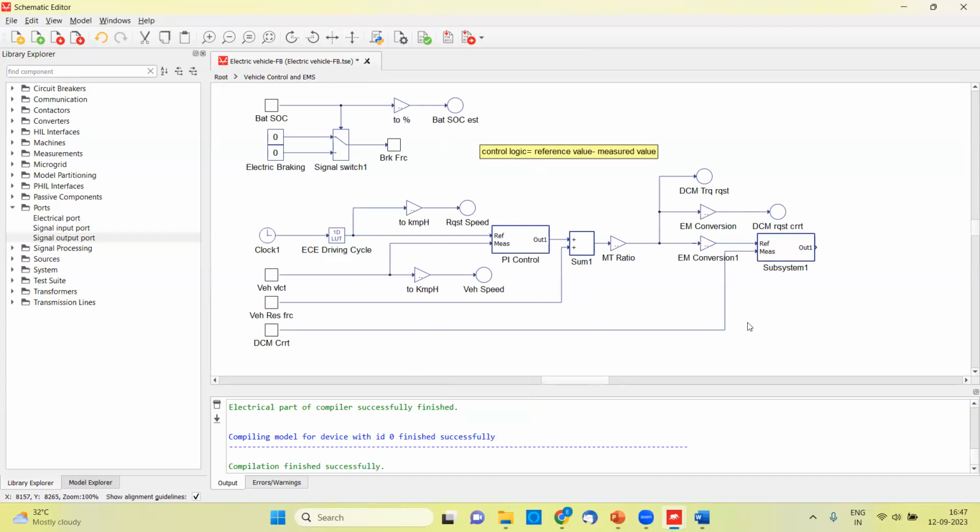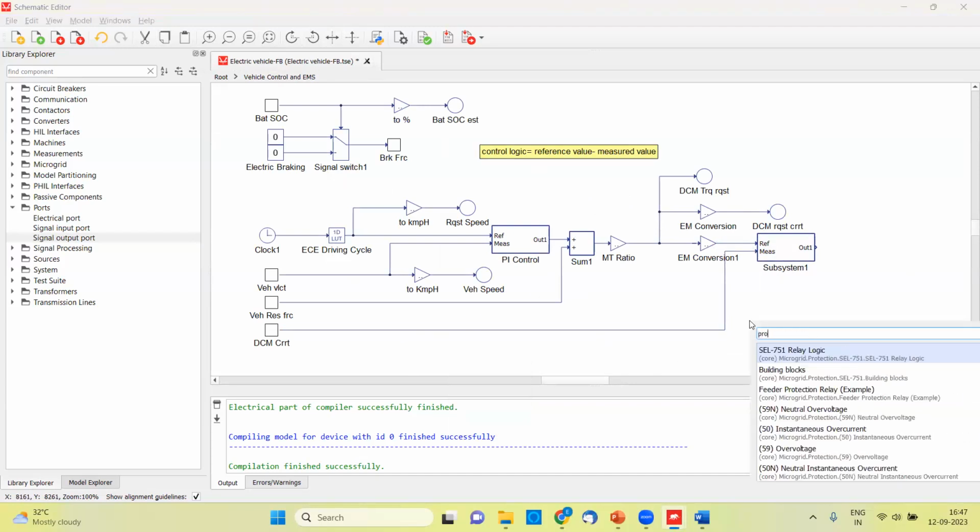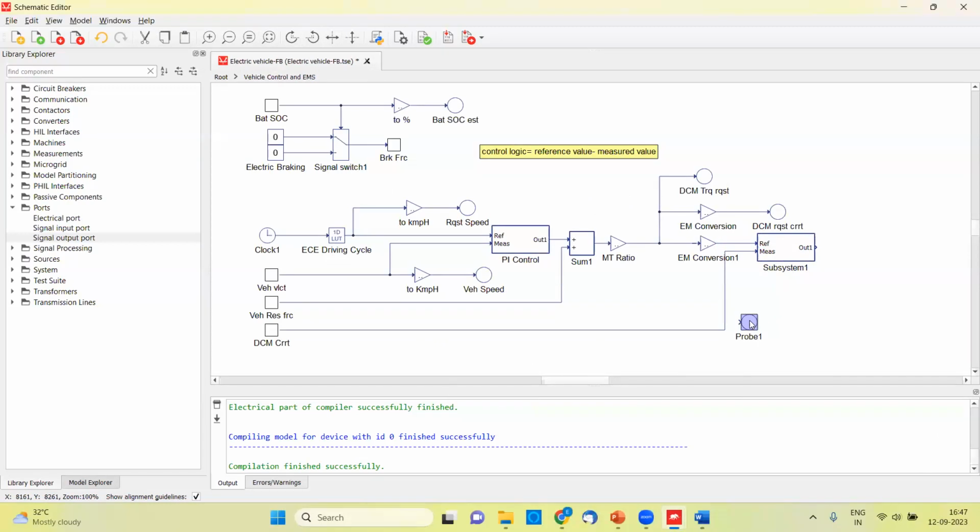I want to view this signal also, so I'm connecting a probe over here. This probe will be connected to my signal. And I'm going to change the name. I will name it DCM current measured.